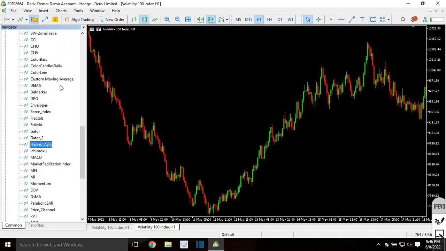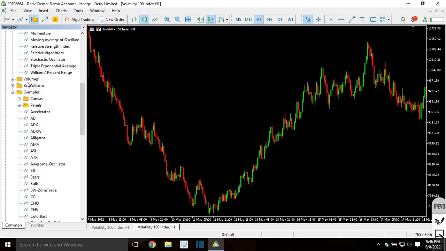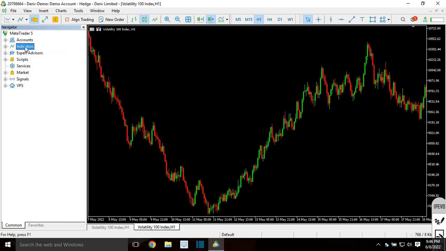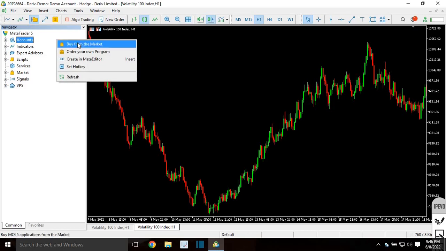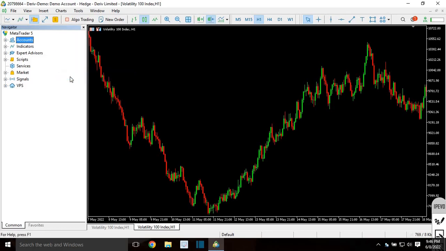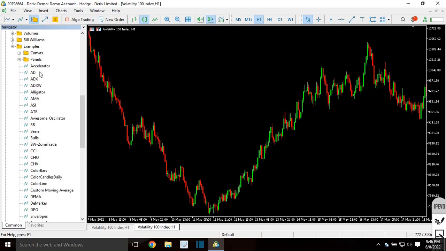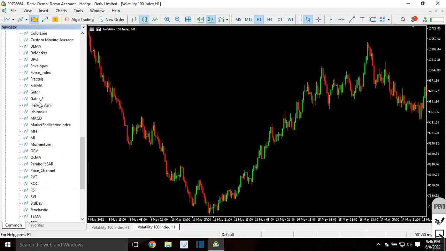When the Navigator opens, head over to Indicators right here, but before that, click on this field right here and click Refresh.